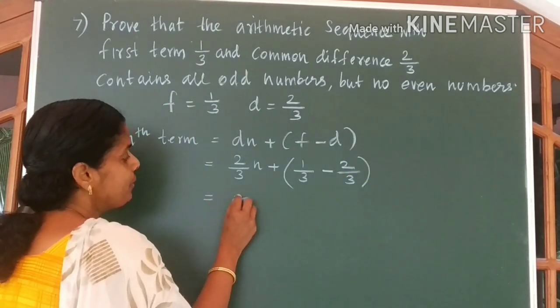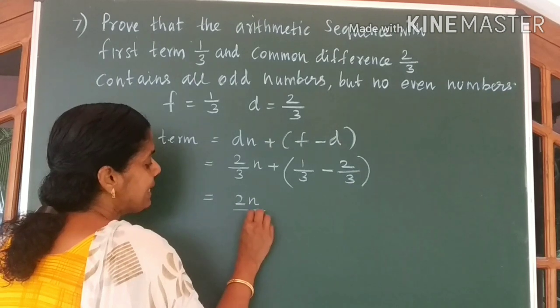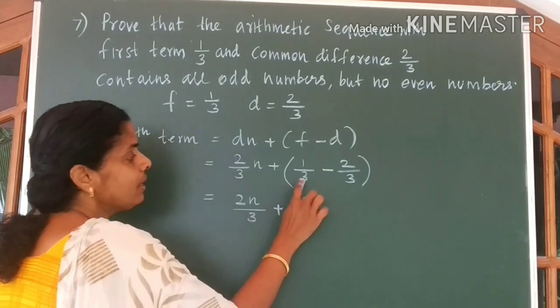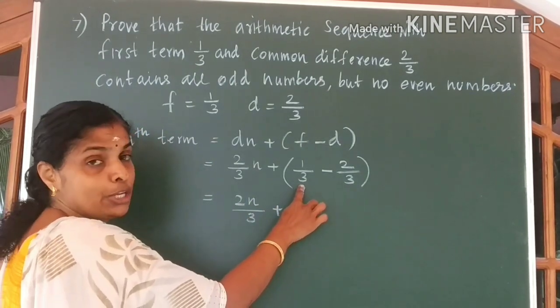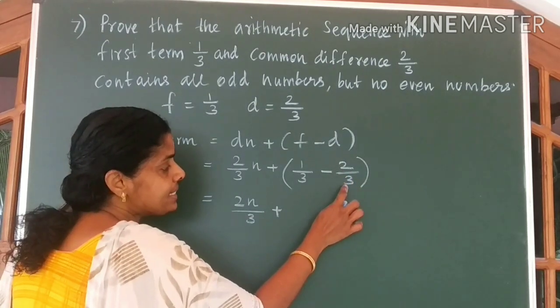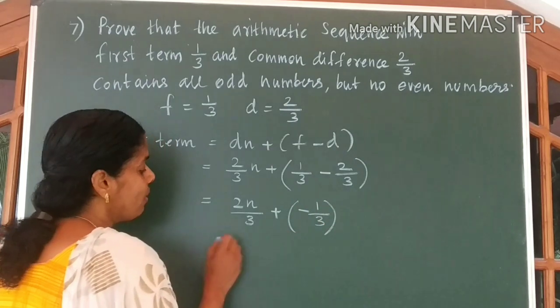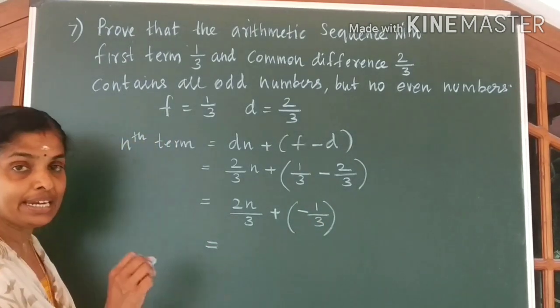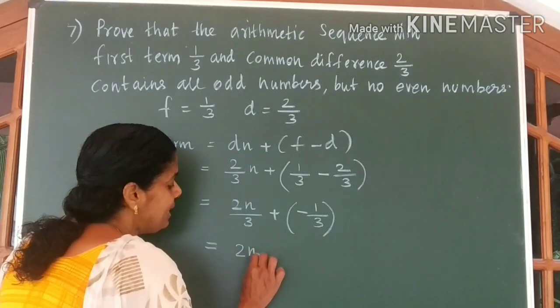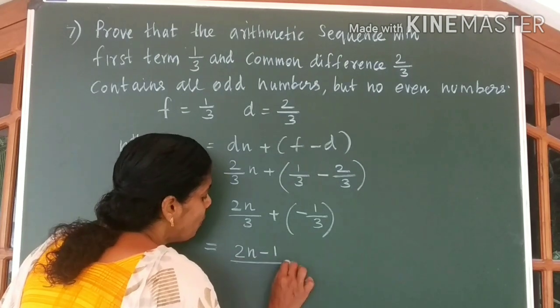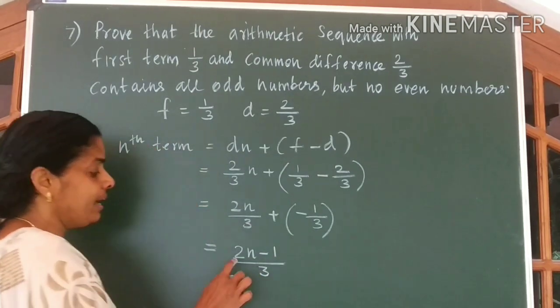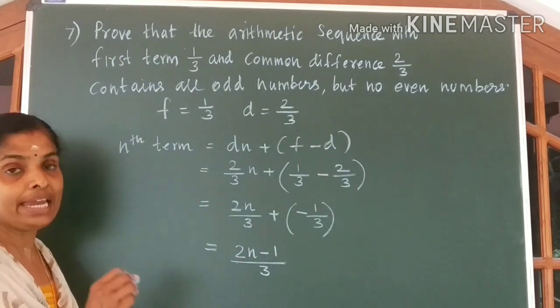This is equal to 2n by 3 plus, from 1 by 3 you are subtracting negative 2 by 3. So you get minus 1 by 3. Or otherwise we can write it as 2n minus 1 whole thing divided by 3. This gives you the nth term.